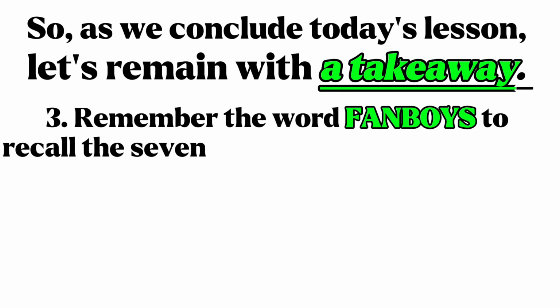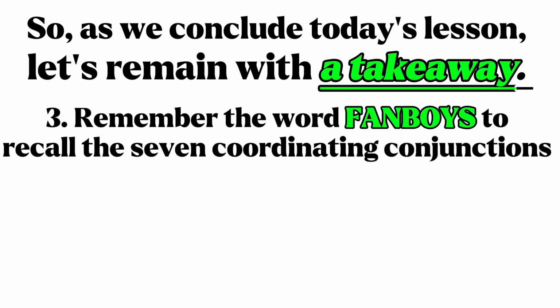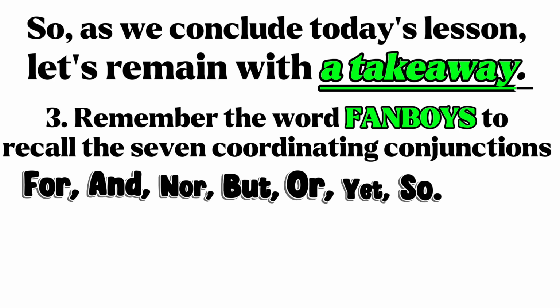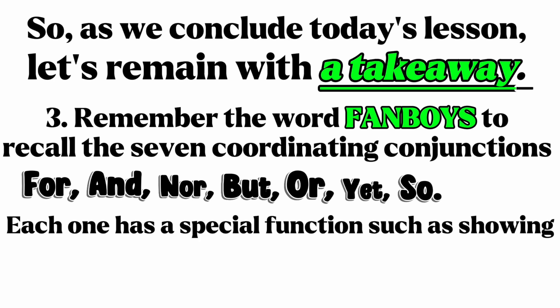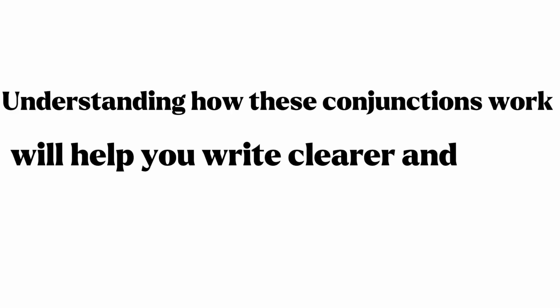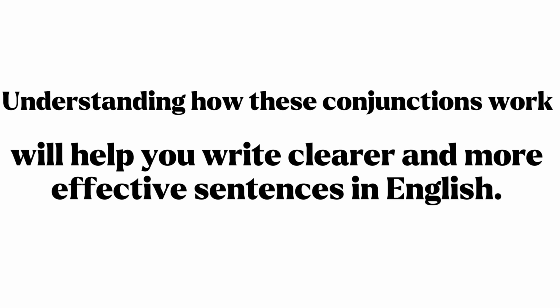Remember the word FANBOYS to recall the 7 coordinating conjunctions: for, and, nor, but, or, yet, so. Each one has a special function such as showing reasons, addition, contrast, choice, or result. Understanding how these conjunctions work will help you write clearer and more effective sentences in English.